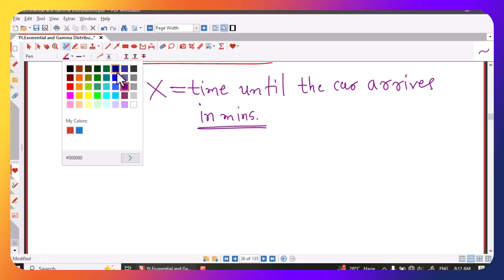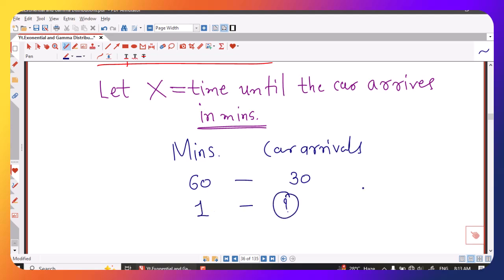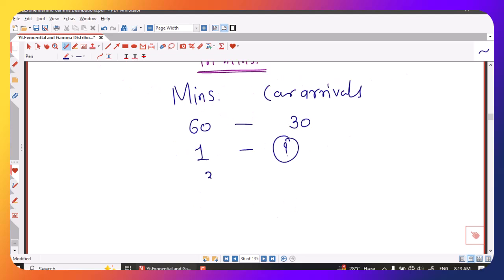Suppose I write minutes here and car arrivals here. In 1 hour, that is 60 minutes, 30 cars are arriving, and we are interested in the number of cars in 1 minute. So this is 30 into 1 divided by 60, and this is equal to 1 by 2, that is 0.5.